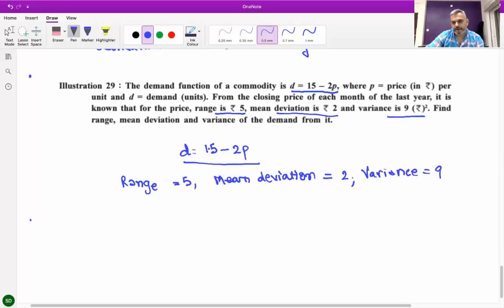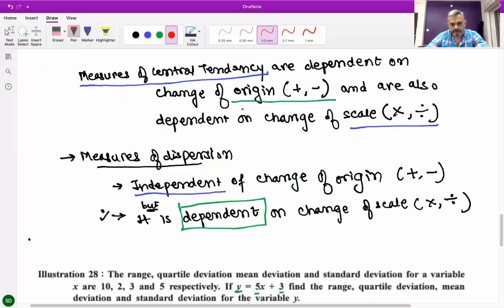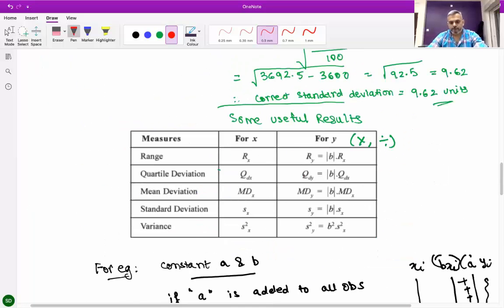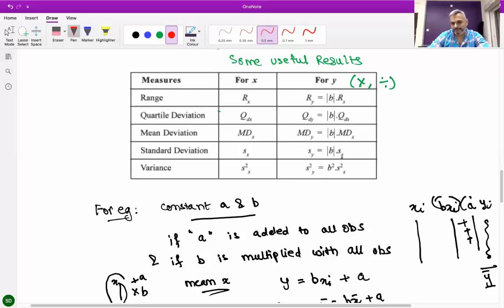So this 15 we have to just ignore. We do not take it into account because it was plus, so we ignore. Now it is minus 2 into P, so we have to take that, and over here, as you see, it is given modulus, so you have to ignore the negative sign.